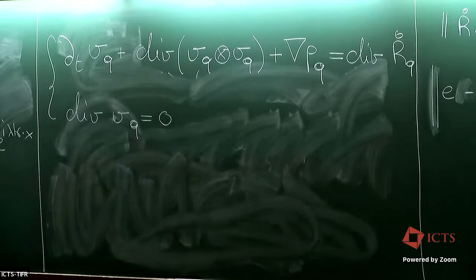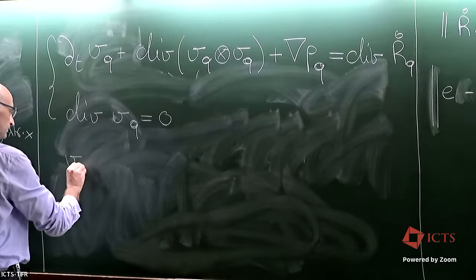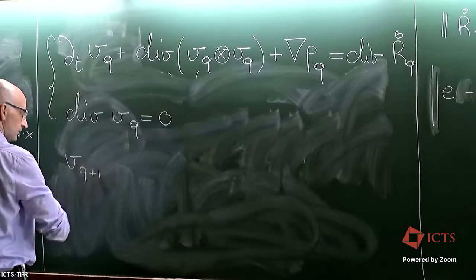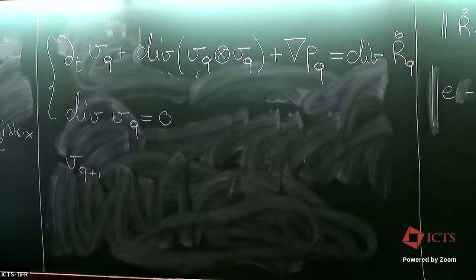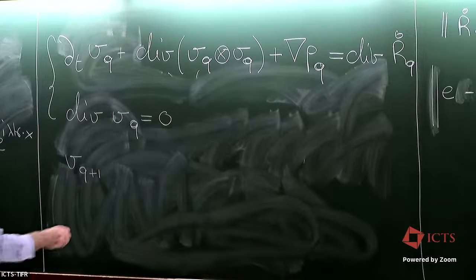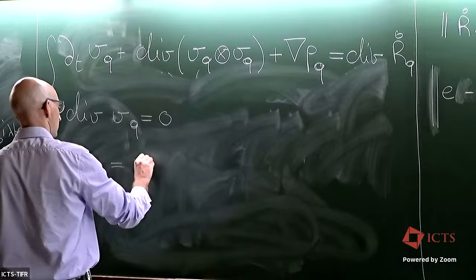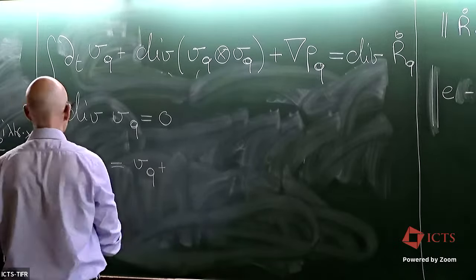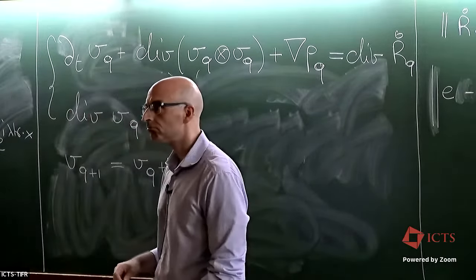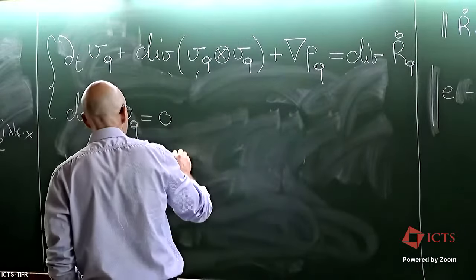Okay, now I want to produce VQ plus 1. And how do I want to produce VQ plus 1? So abstractly, the way I want to produce VQ plus 1 is I want to put a perturbation, which is going to look roughly like this.